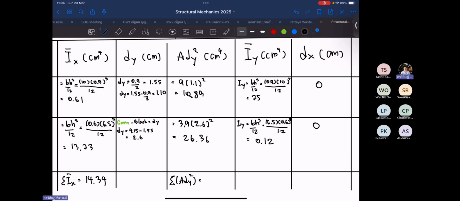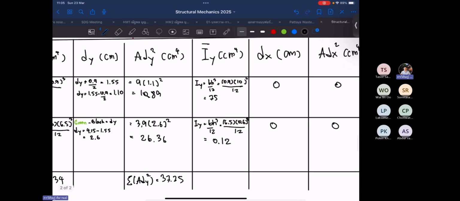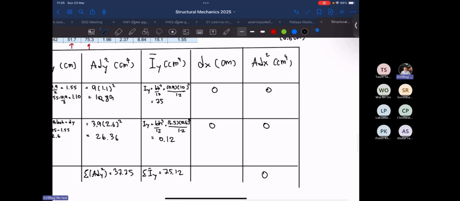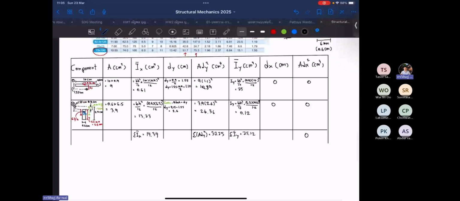This one is equal to 10.89 plus 26.36, which is 37.25. And for I y bar, 75 plus 0.12 is 75.12. Summation of I y bar is 75.12. dx we do not need, and the A dx squared is 0 because all terms are 0.